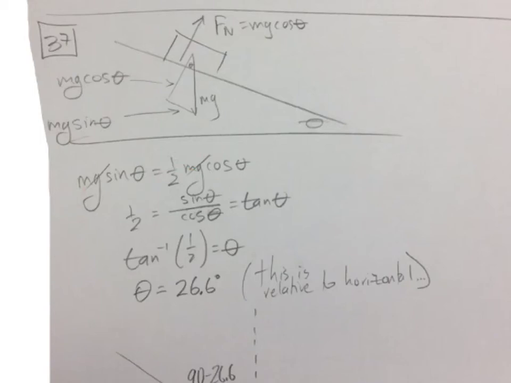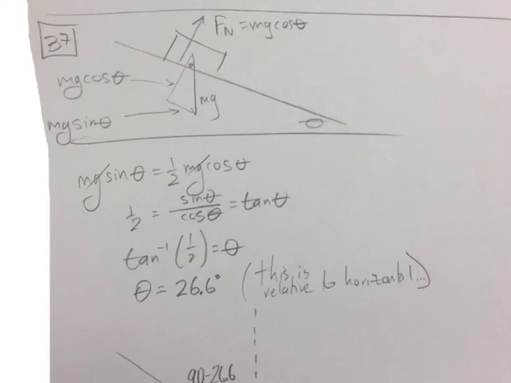Notice how mg cancels out. I divided both sides by cosine theta to get 1/2 is sine theta over cosine theta. Use my basic trig skills to know that sine over cosine is tangent. And so to find theta, I can take the inverse tangent of 1/2, and the calculator says 26.6 degrees.